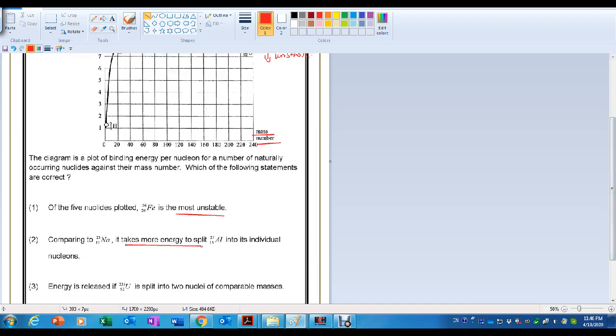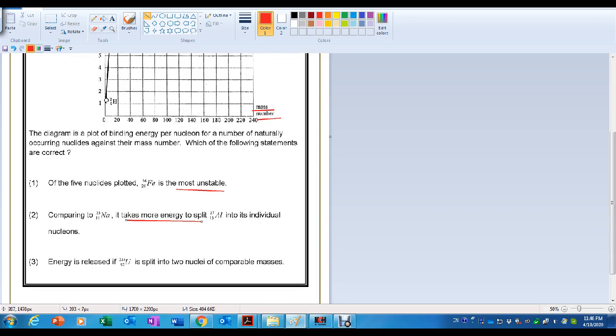But for this one, what we need is the binding energy, not binding energy per nucleon, because we need to split, that means disassemble into individual nucleons, the constituents. So of course, a bigger nucleus needs more energy, so that must be true. Sorry, the first one is wrong.